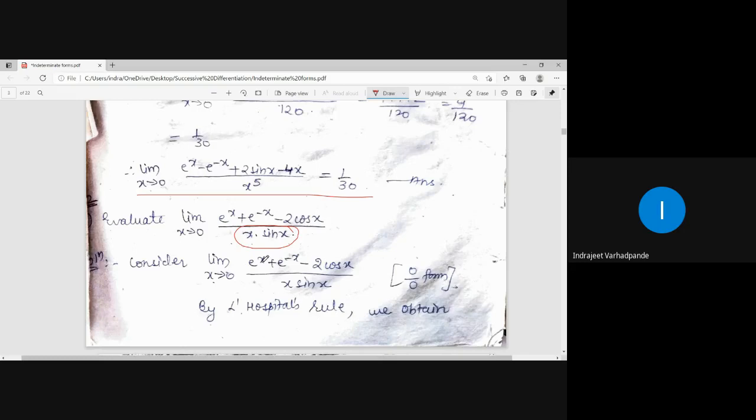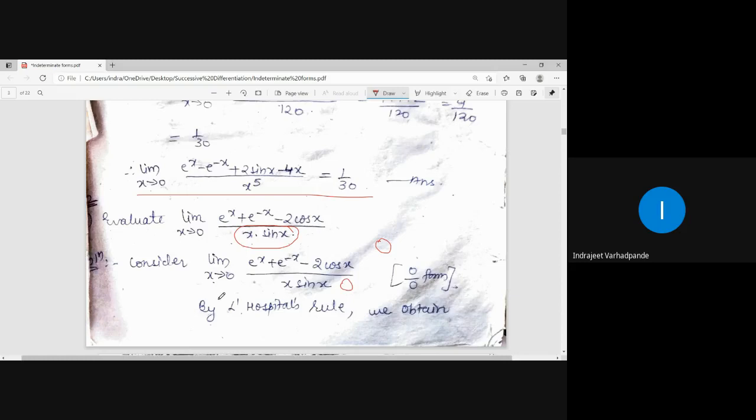Here in the denominator, we see the product x into sin x. x is also 0, sin x is also 0. E to the power 0 is 1, e to the power minus 0 is 1, 1 plus 1 is 2, 2 minus 2 is 0, cos 0 is 1, and denominator also contains 0 into 0, that is 0.